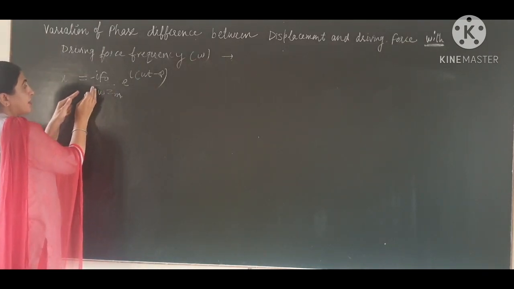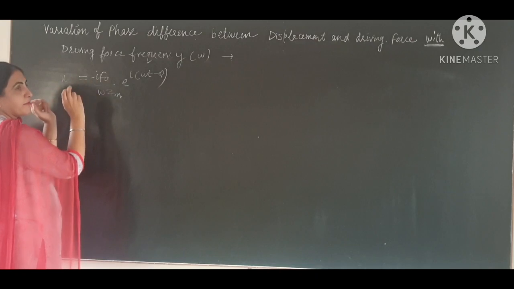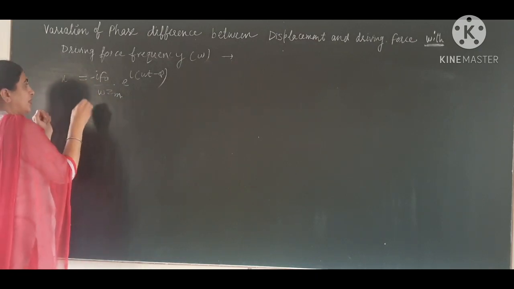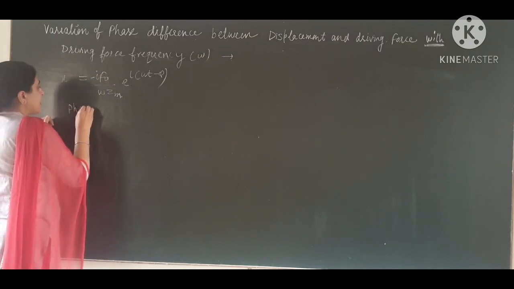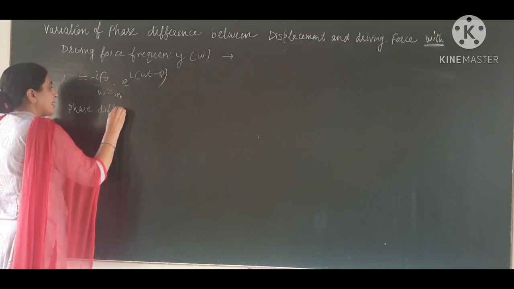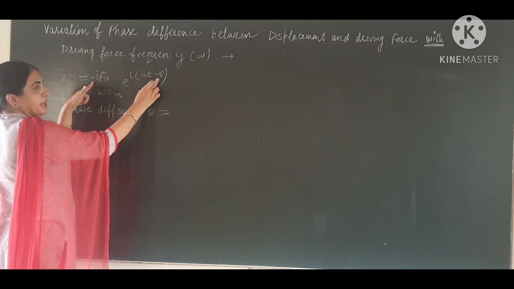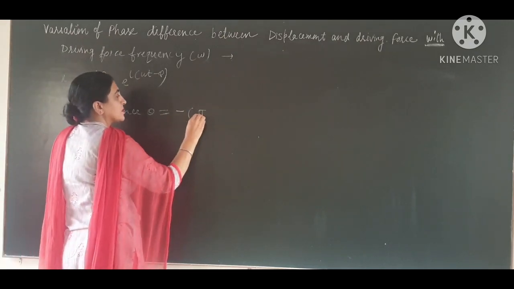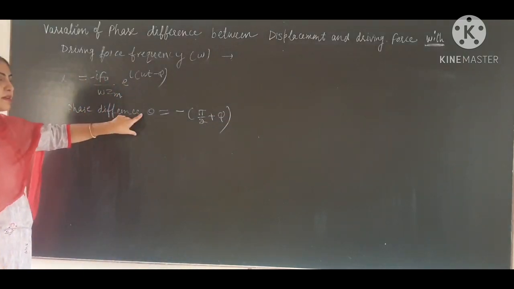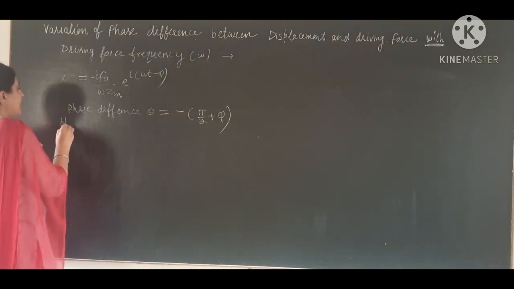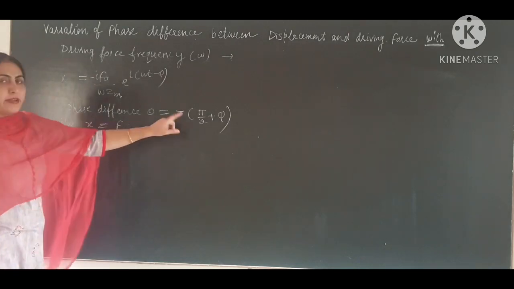From this we can find the phase difference between x, that is the displacement, and the driving force F. The phase difference, which we take as theta, is equal to omega t minus phi minus pi by 2, minus omega t. This is the phase difference between displacement x and force F.